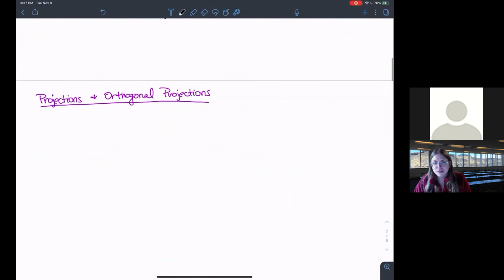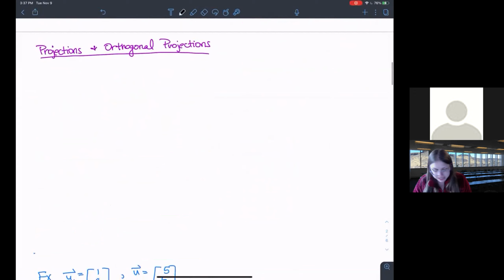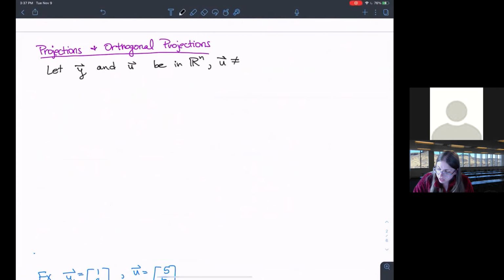If you haven't seen that before, it's totally fine. Let's say that y and u are in Rn where u is not the zero vector. So the picture I'm going to have here: here's u, here's y. I just drew these two vectors pointing in different directions, emanating from the same point.